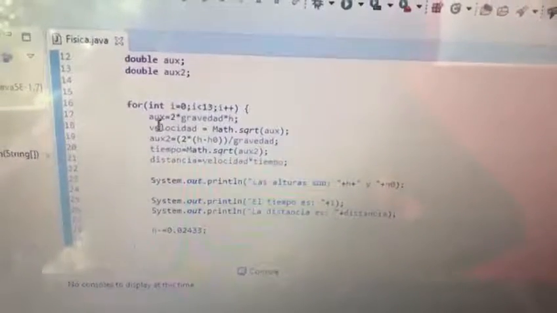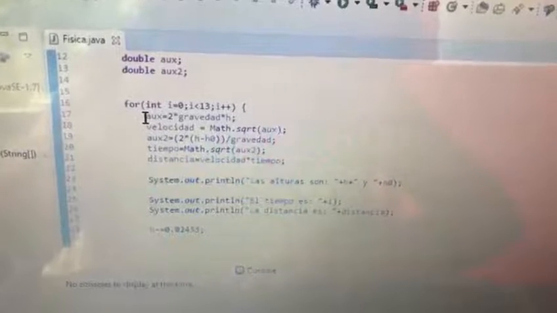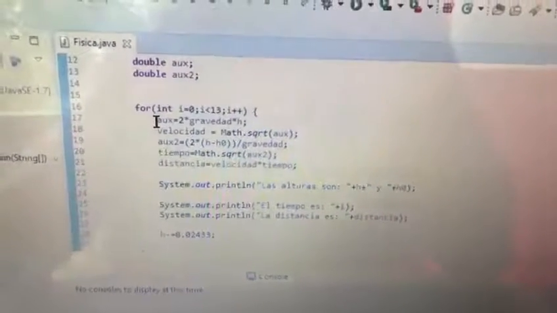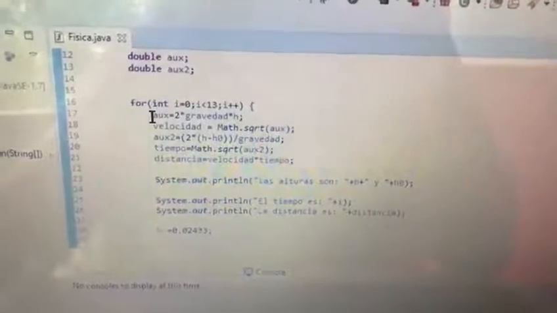We use the formulas told in theory and data.